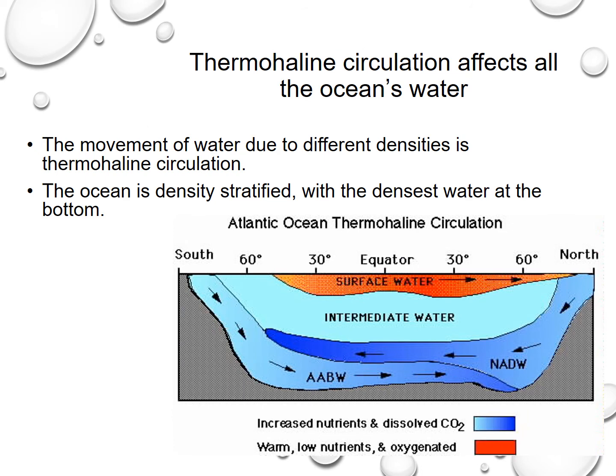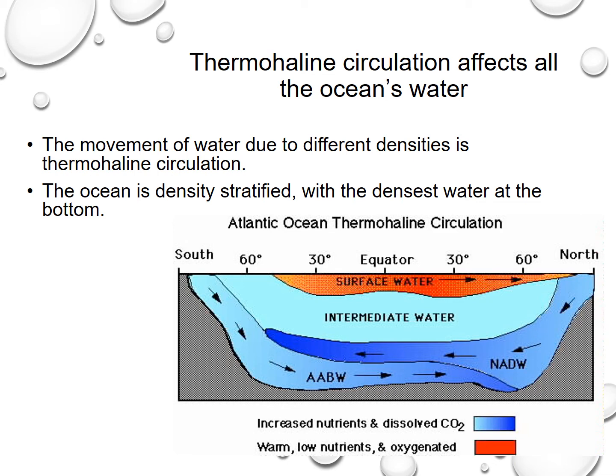So the thermohaline circulation affects all the ocean's water. The movement of water due to the different densities is the thermohaline circulation. The ocean is density stratified with the densest water at the bottom.